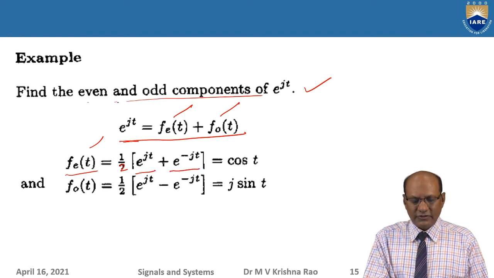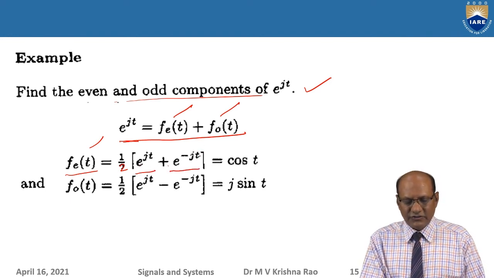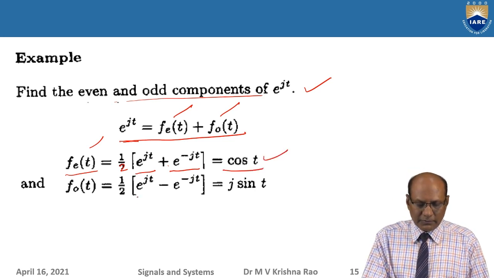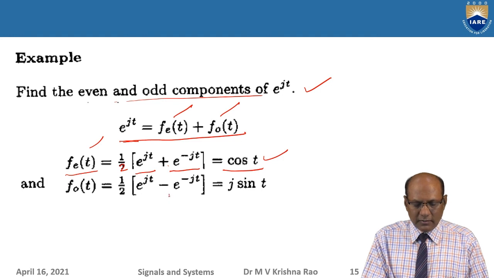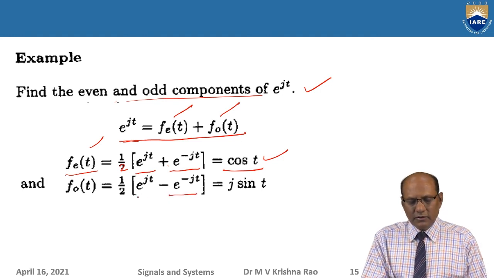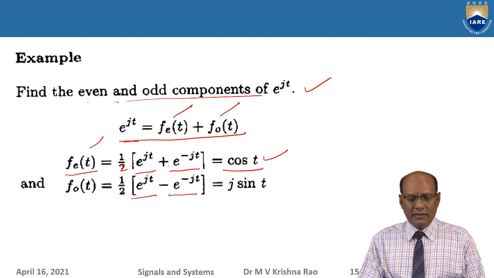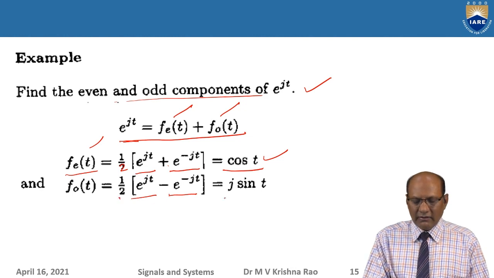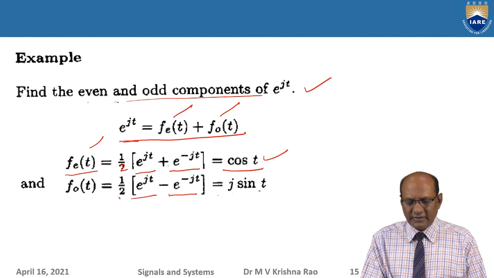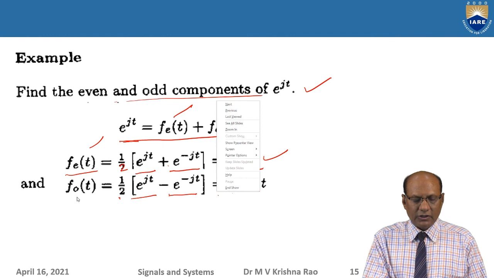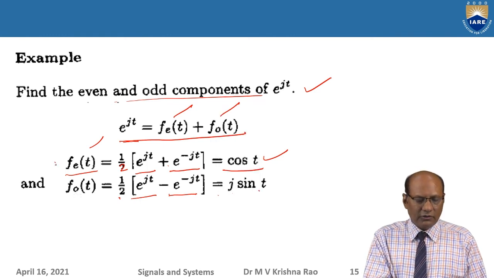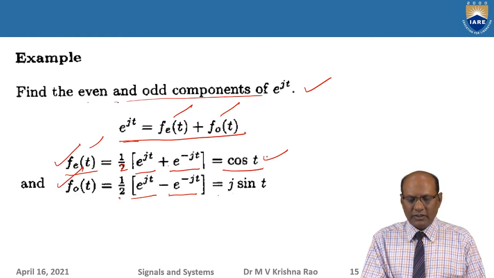If I take these, e to the power of jt plus e to the power of minus jt, it is nothing but cos t. Now if I subtract the mirror image from the original signal and multiply by half, I will get minus j sin t. This is nothing but your odd signal. Okay, the even part, odd part, both I have.